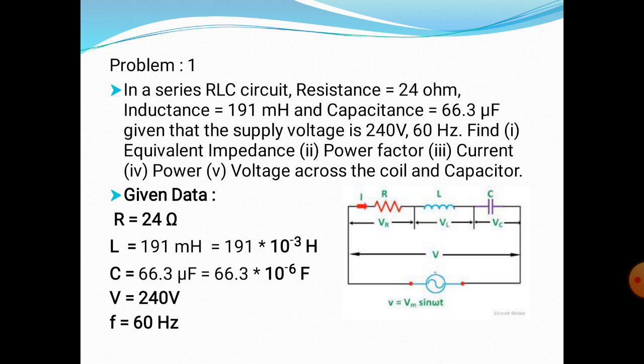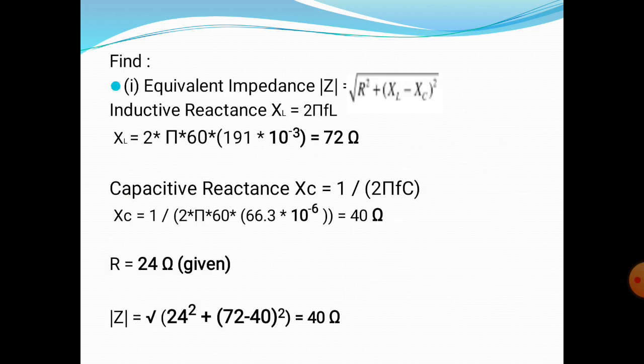Next, we have to find the value of equivalent impedance. Equivalent impedance means we have to find the value of Z. The formula is modulus of Z is equal to square root of R square plus (XL minus XC) the whole square. First we have to find the value of XL and XC, as R is already given.